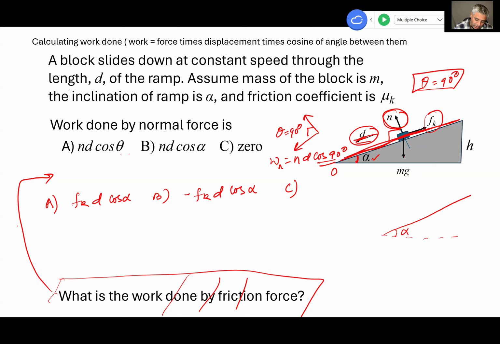So I'm making another question here: work done by friction force. Let's see what other choices I can have here. Maybe I don't know the exact answer, so let's say none of them.